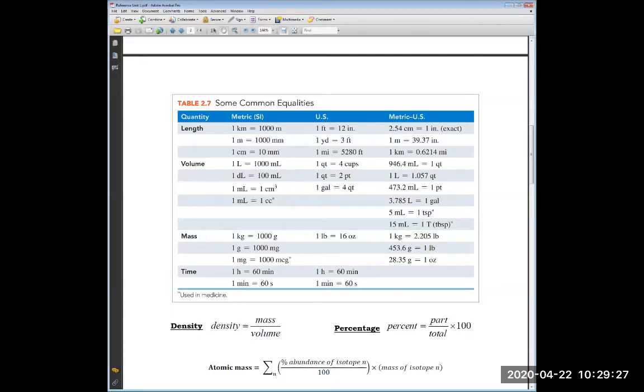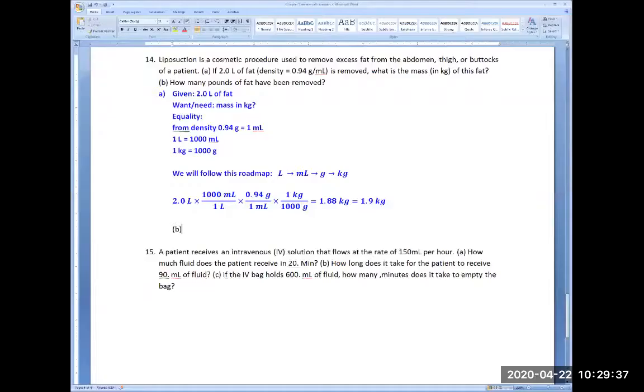So let's copy that in our chapter 1 review. So I'll go back to chapter 1 review. And we found the equality 1 kilogram equals 2.205 pound.